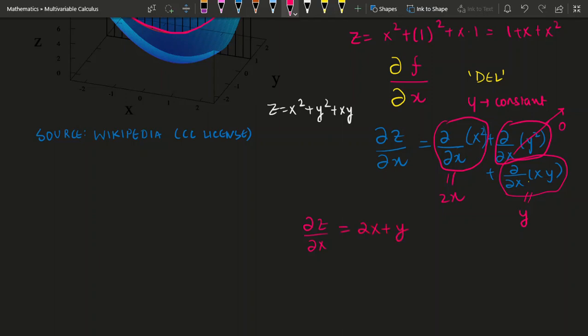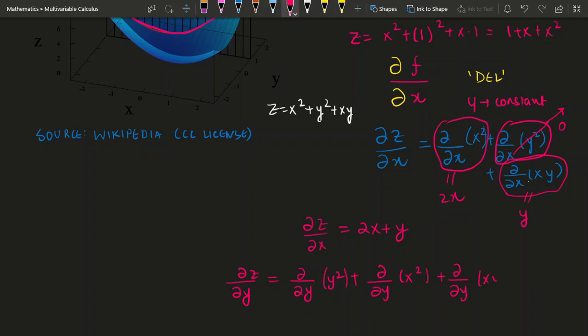You can do a similar thing if you want to change y and keep x constant. So in that case, you would write del z over del y, and once you do that, you can split the entire expression into three parts, really similar to what we have done previously for finding del z over del x.